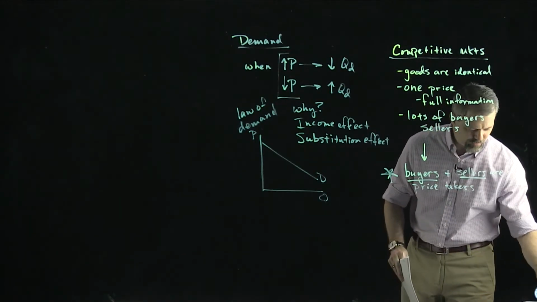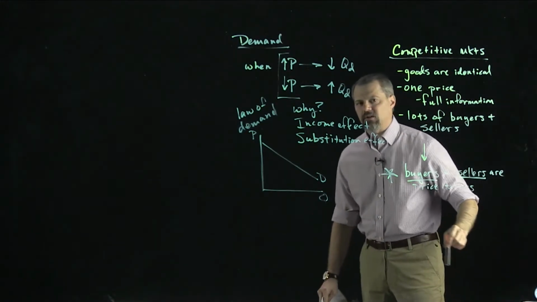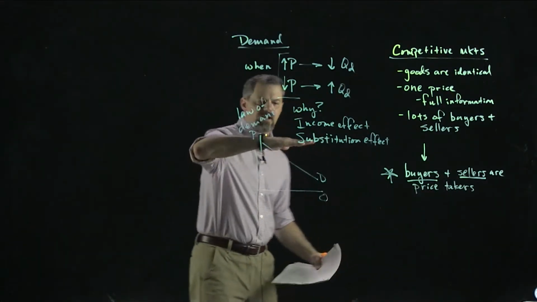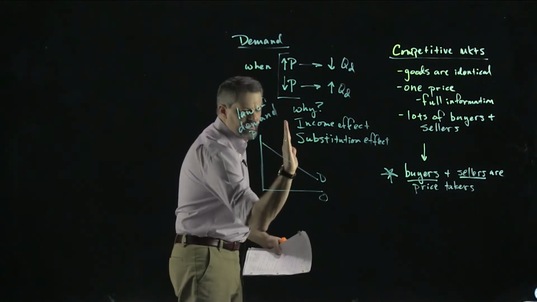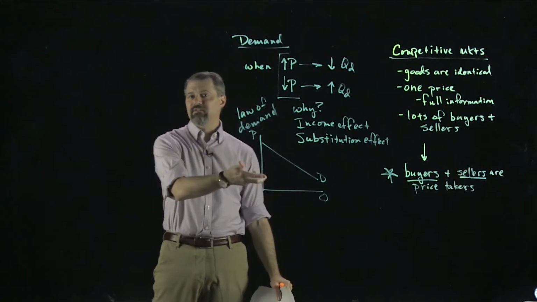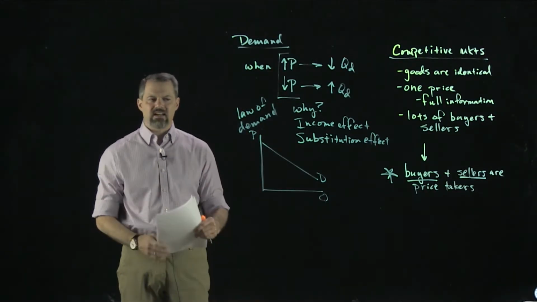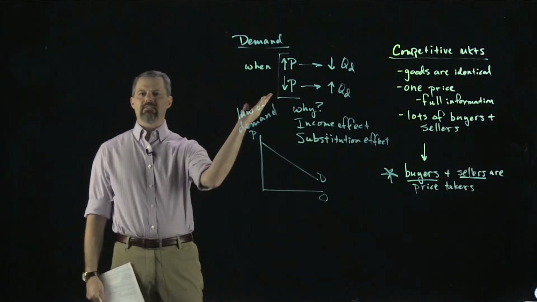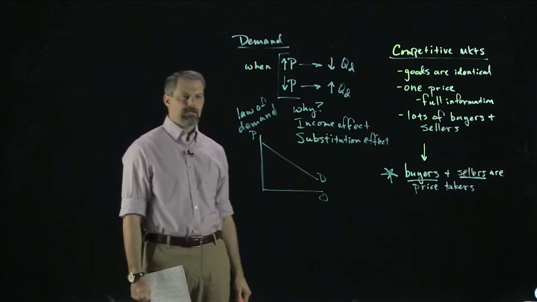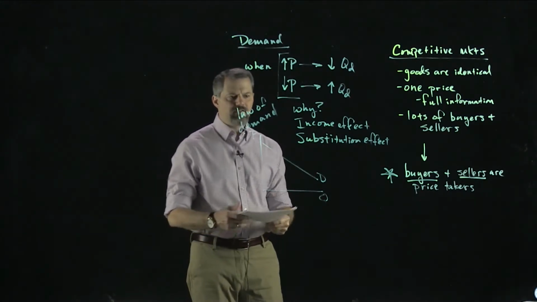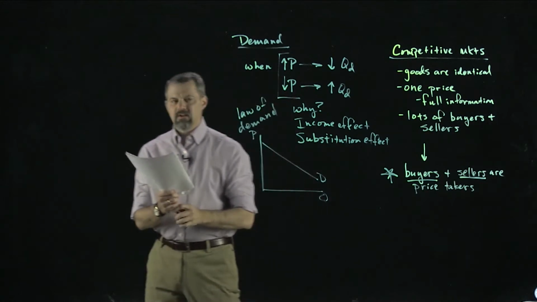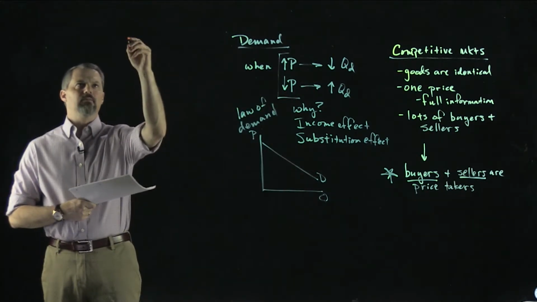You hopefully remember that you can have a demand curve that is horizontal, and we can have a demand curve that's vertical. We can have perfectly elastic or perfectly inelastic demand curves, but we're never going to have an upward sloping demand curve. Okay? So that's the law of demand. Let's talk about the determinants of demand now.